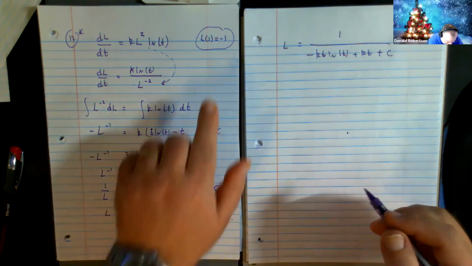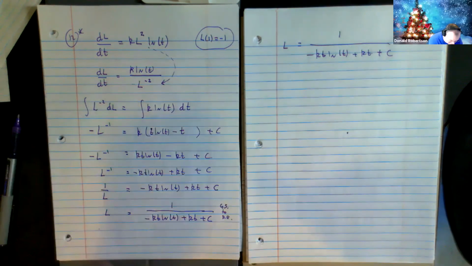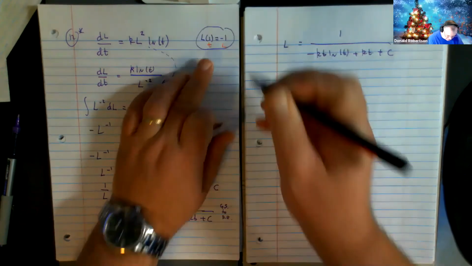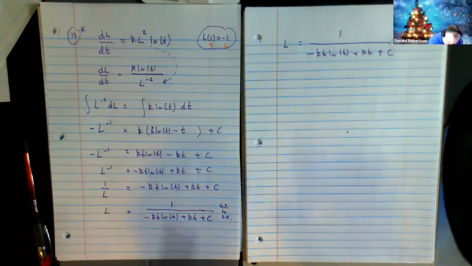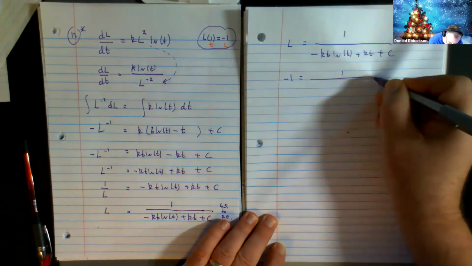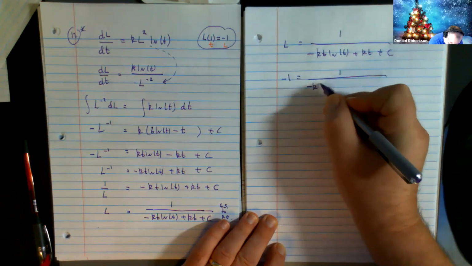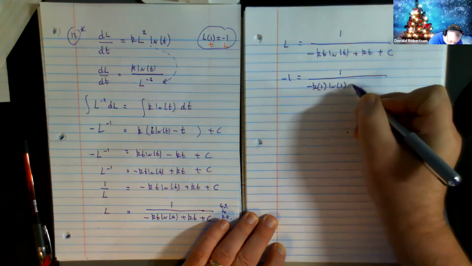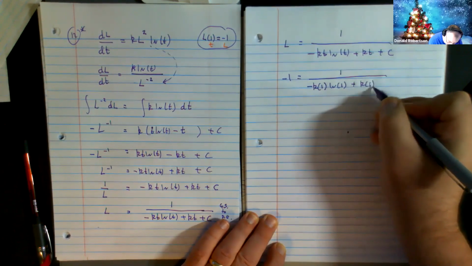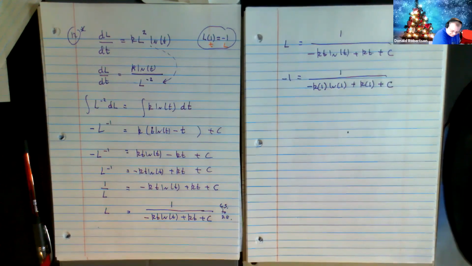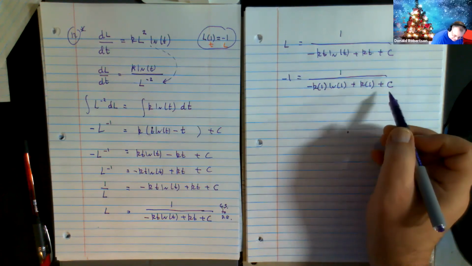And if you tell me I'm this fella, you're telling me when t is 1, L is -1. So this is going to be -1. And it's going to be negative k times 1 times the natural log of 1 plus k times 1 plus c. And we are eventually going to find out what c is.